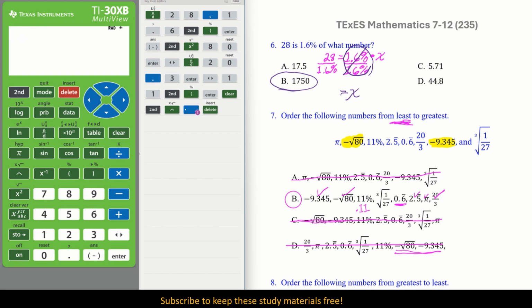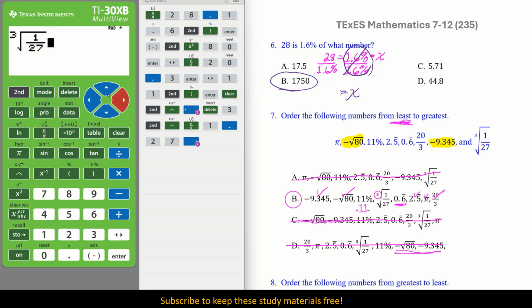See, what you need to do is come over and it says that we need a cube root. So push 3. Then push second caret up. See, it's very strange. I don't know why they have it set up that way, but that's the way it works. Now let's put our fraction in. And we need 1 and go down to 27.